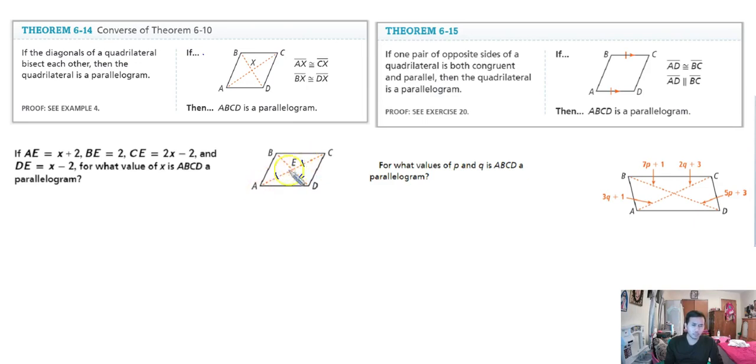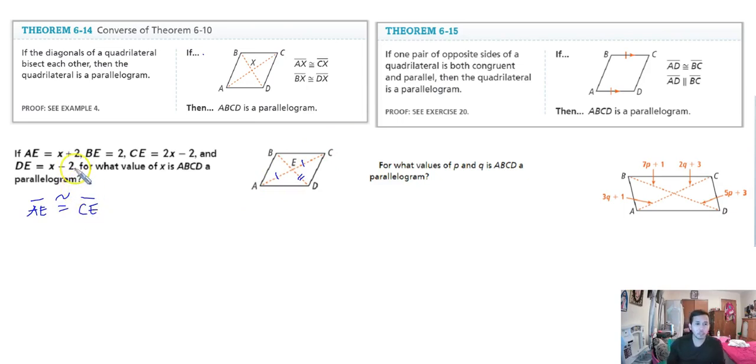So what will be the value of x to make this quadrilateral a parallelogram? We said that they bisect each other, so we'll be using this given here. Segment AE is congruent to segment CE.